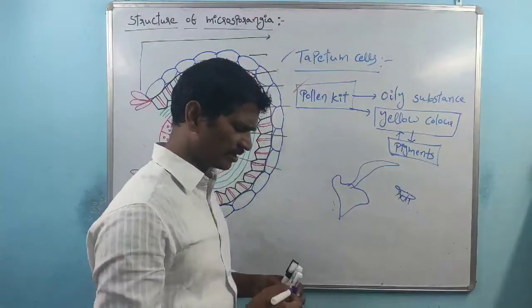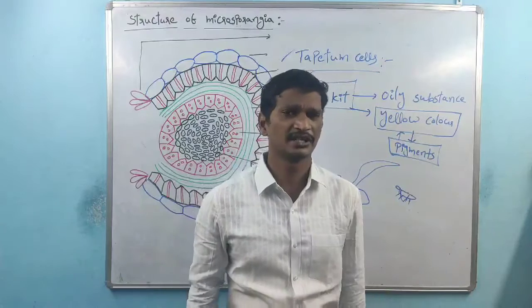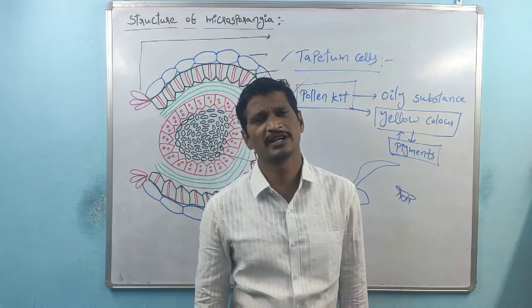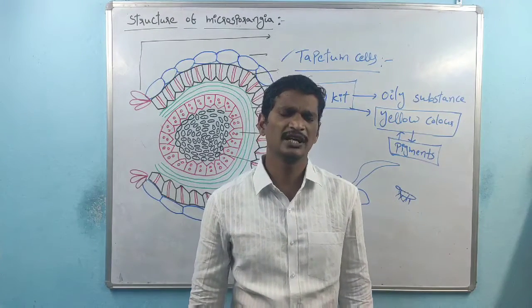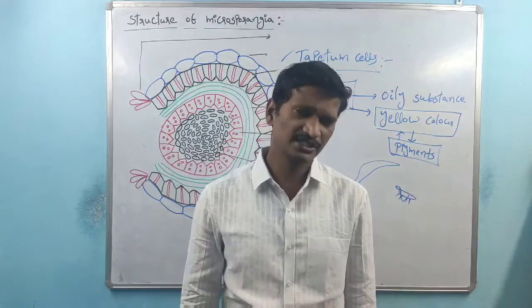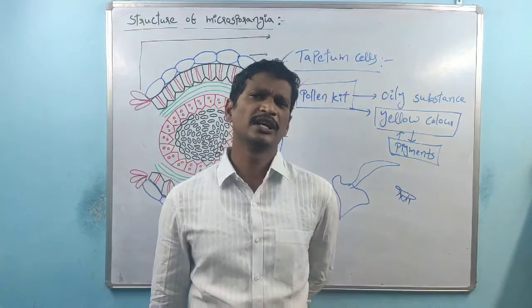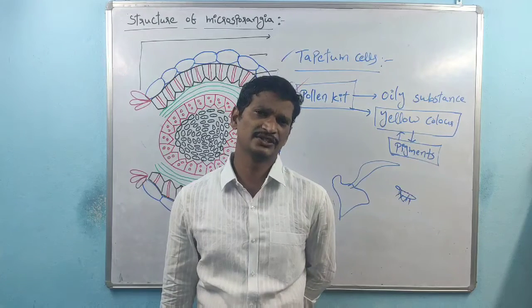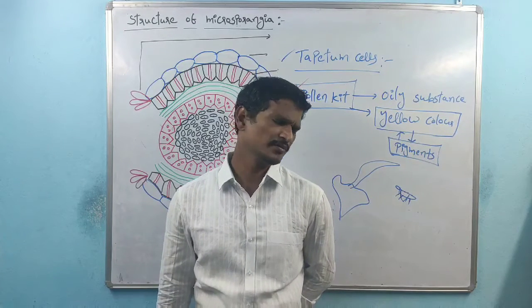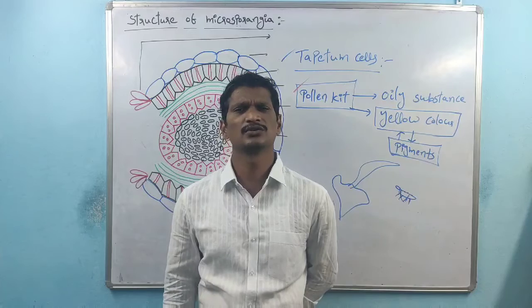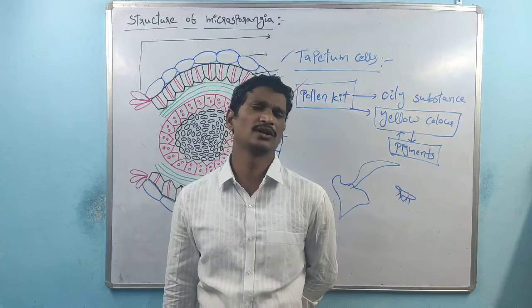Sir, what is the use of the yellow color? In most pollen grains, the color of the pollen grain is yellow, because the yellow color easily attracts the majority of insects. Honeybees also very easily recognize the yellow color.